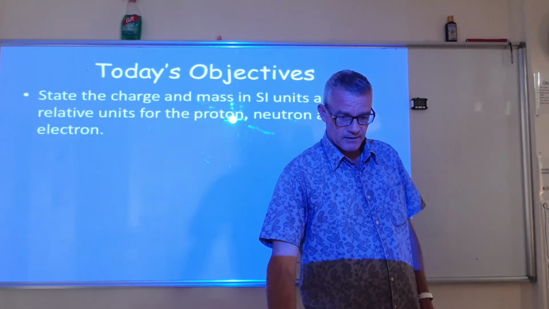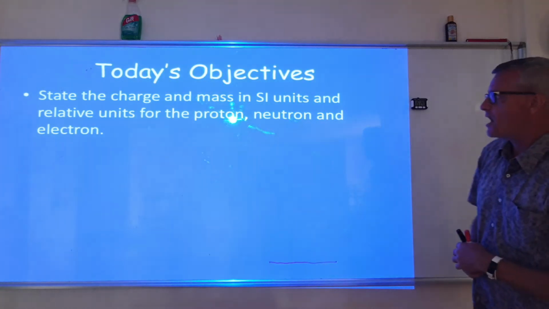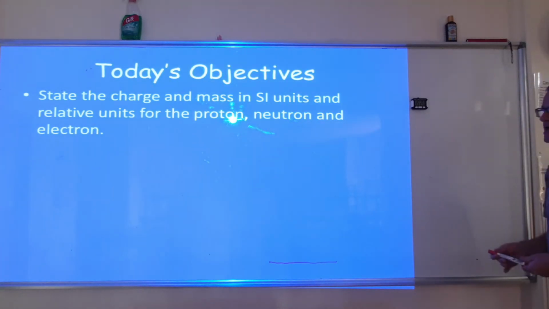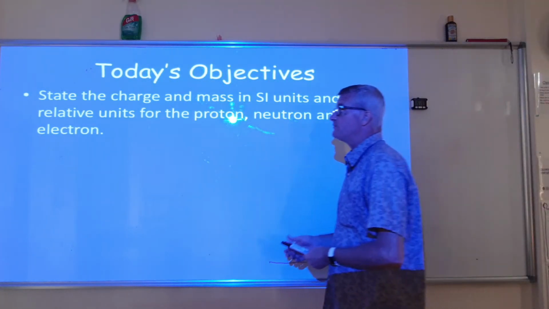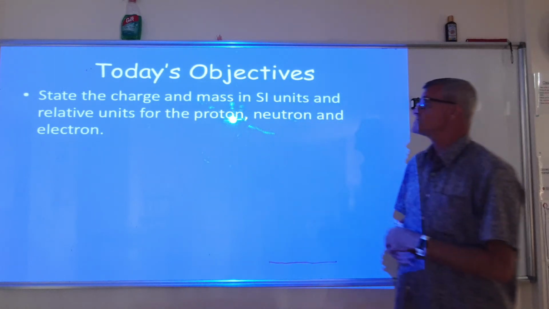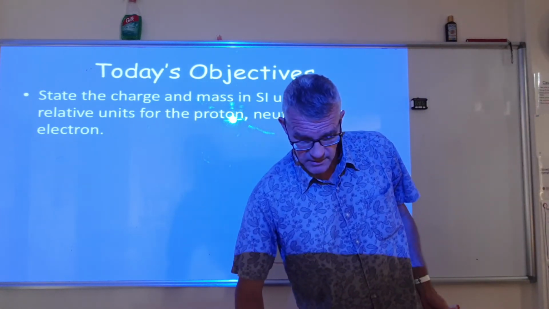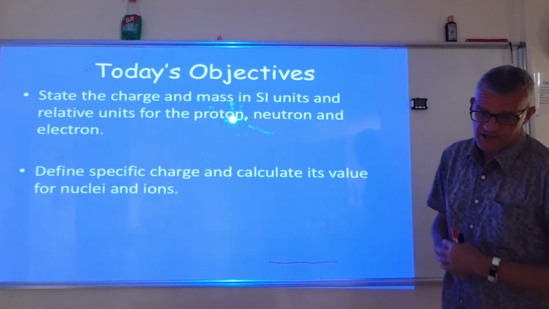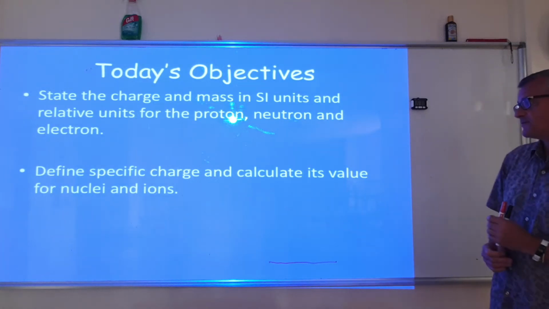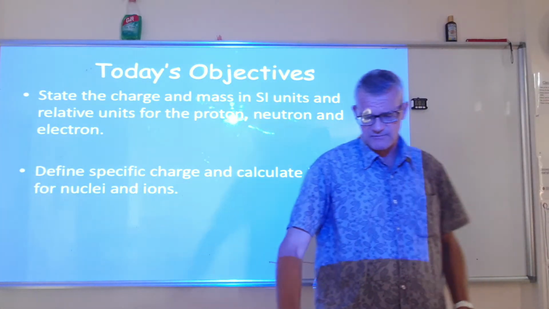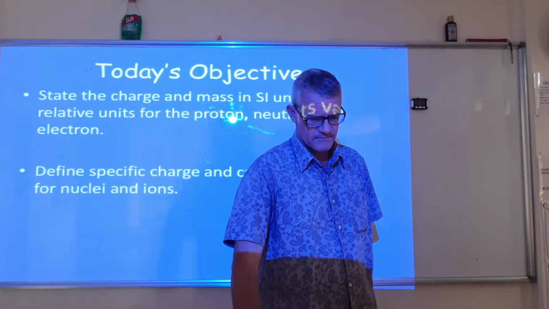Okay. Now we're going to look at what is the charge and mass in SI units, the relative units for the proton, neutrons, and electrons. We're going to define specific charge and calculate its value for nuclei and ions. I'm not going too deep into that.